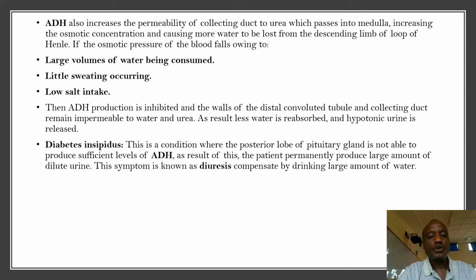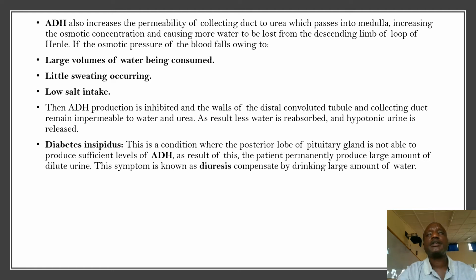So these are the factors which would lower the osmotic pressure of blood. Here there is also another response in line with the ADH. The ADH production is inhibited and the walls of the convoluted tubule and the collecting duct remain impermeable to water and urea. As a result, less water is reabsorbed, and hypotonic urine is released.